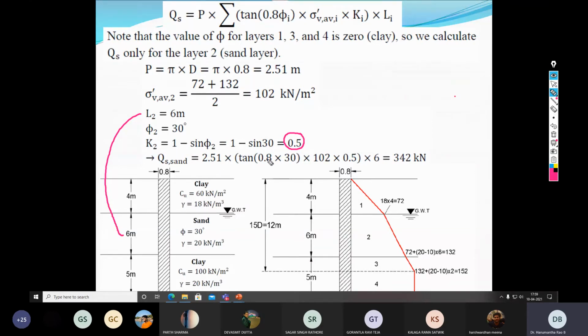So 2.51 into tan of 0.8 into 30, multiplied by sigma average 102, K is 0.5 and length is 6 meter. Substitute all the calculated values into the Qs equation and calculate. What you get is 342 kilonewton as the skin friction in sand.